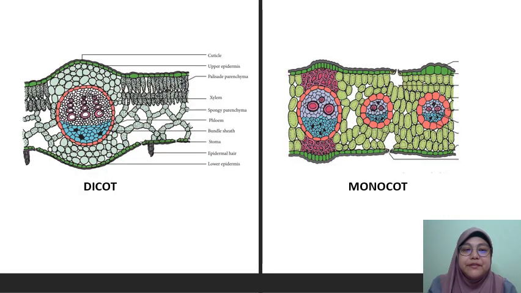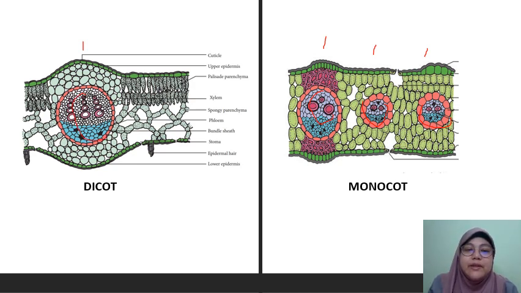Let's have a look at the differences between a dicot and monocot leaf. In dicots, the veins would be net-like, whilst monocot parallel. So this is due to the presence of the vascular bundle. Monocots have larger vascular bundles, while dicots have large and also small vascular bundles.